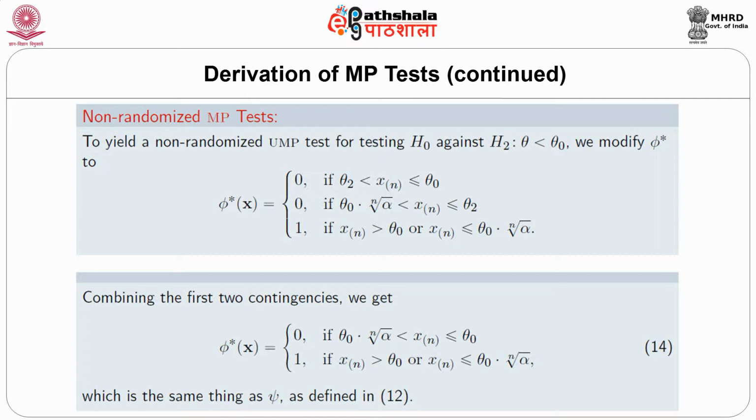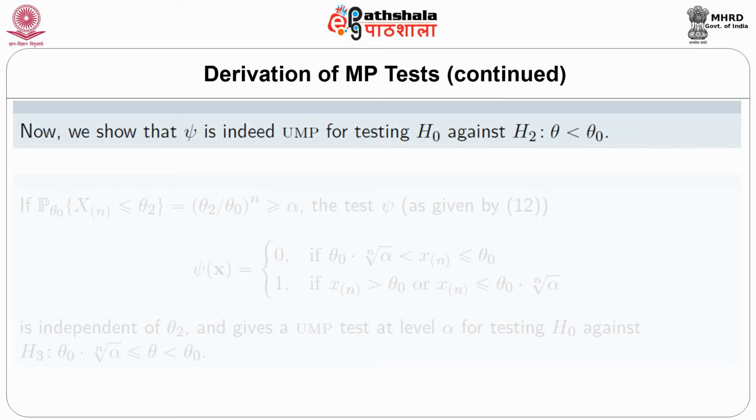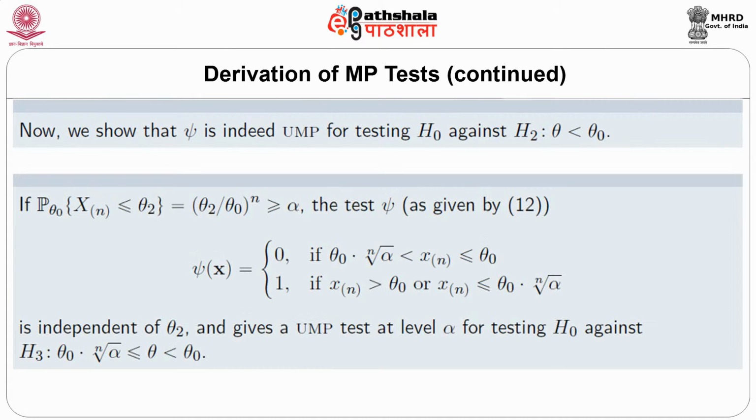You see that theta 2 is not present here. So, we remove theta 2 by considering this region, x order n lies between theta naught alpha to the power 1 by n and theta 2, and take phi star 0 there. Okay. So, phi star is 0 if x order n lies between theta naught alpha to the power 1 by n and theta naught, and 1 otherwise.